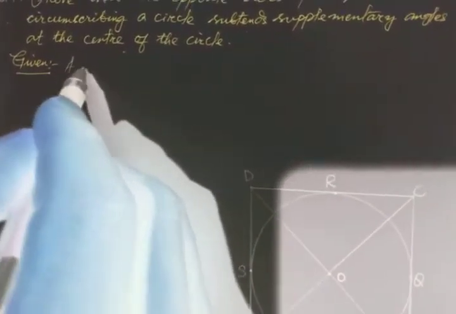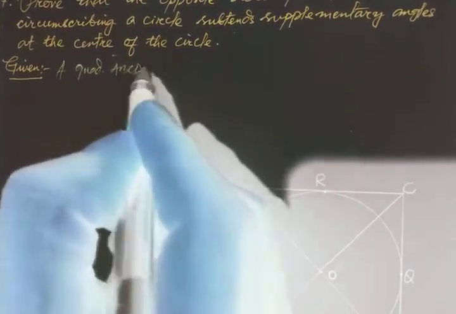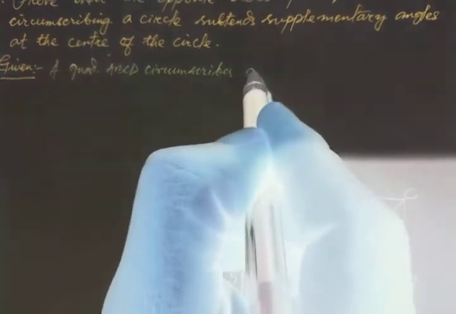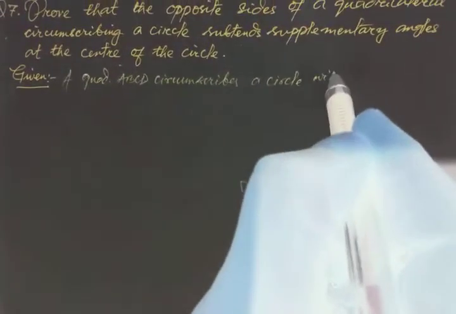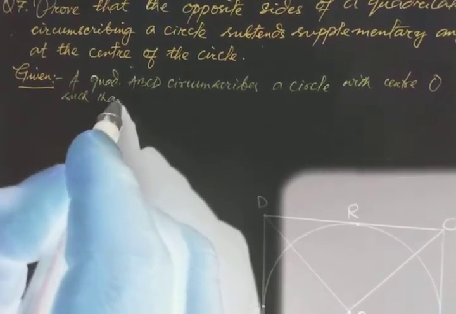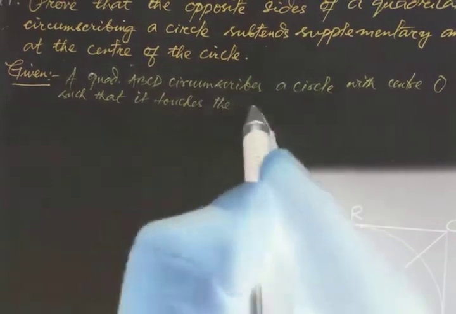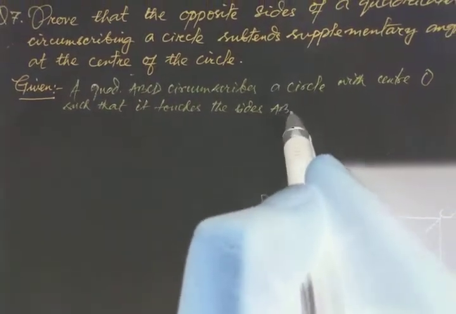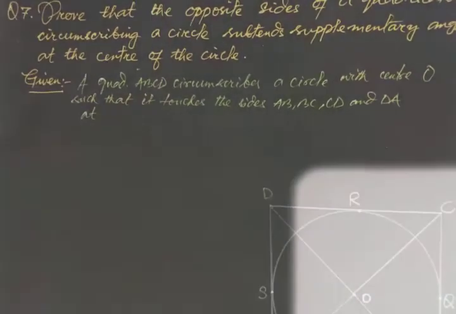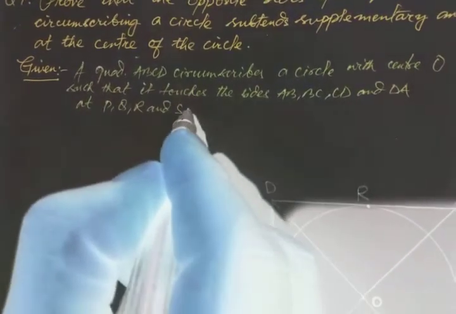Given: a quadrilateral ABCD circumscribes a circle with center O, such that it touches the sides AB, BC, CD and DA at P, Q, R and S respectively.